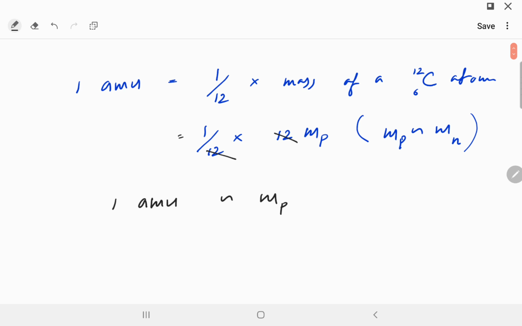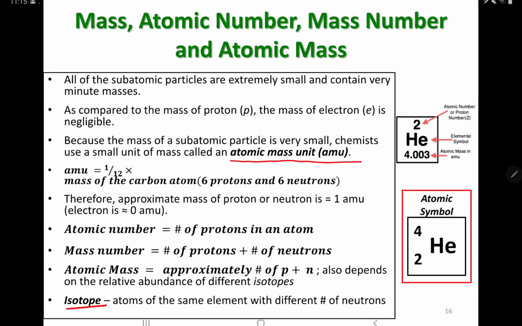Mass number is the number of protons and number of neutrons. So AMU, atomic mass unit, is a very small unit of mass that is defined by scientists to measure the mass of subatomic particles, and approximately 1 AMU is equal to the mass of 1 proton, or you can say the mass of 1 neutron.